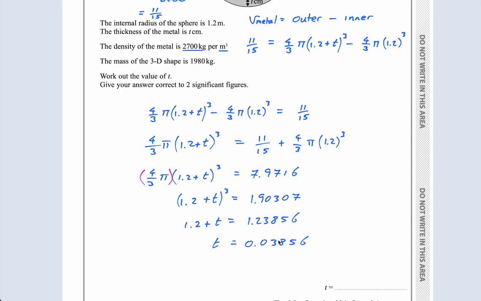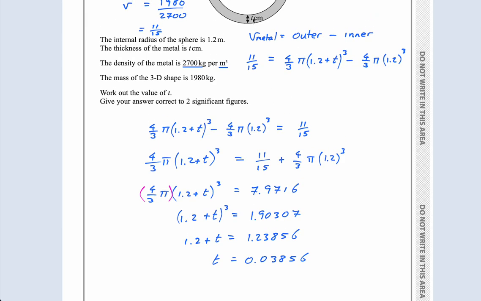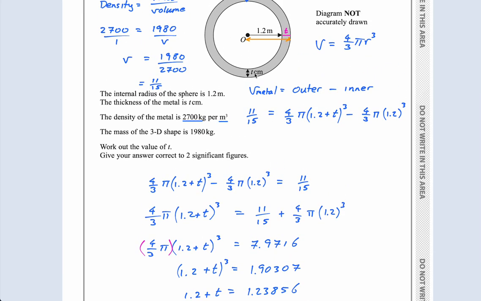Okay, so this is the value of t in meters, so be very, very careful here, guys. This is in meters, but t is actually, now that I look at this, in centimeters, so we have to be very, very careful.